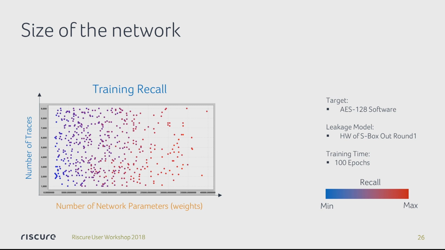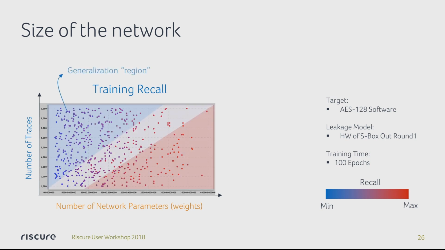I couldn't run too many experiments if I would have millions of traces. So I started from 1,000. I went up to 9,000 traces, and the number of parameters means the number of weight connections. So probably here the biggest network contains something like 20 layers of 100 neurons. So this is why you have 40,000 parameters there.